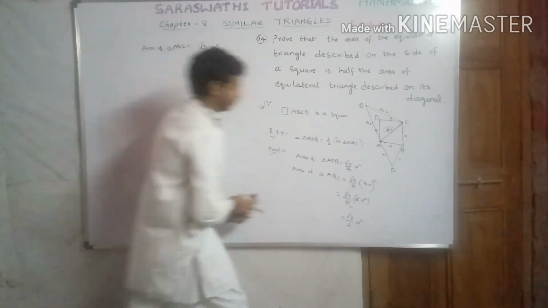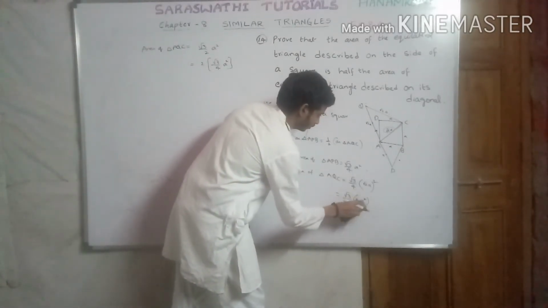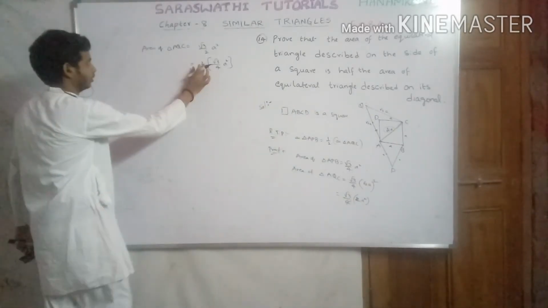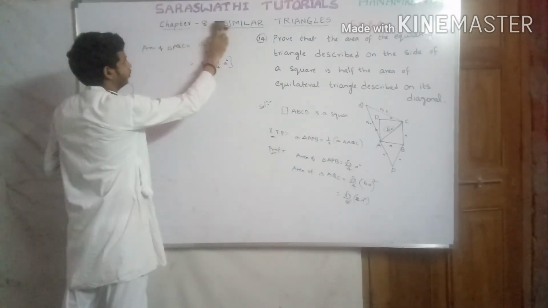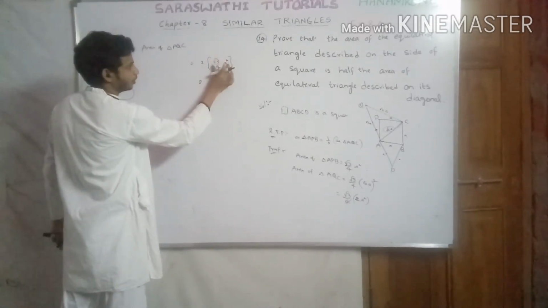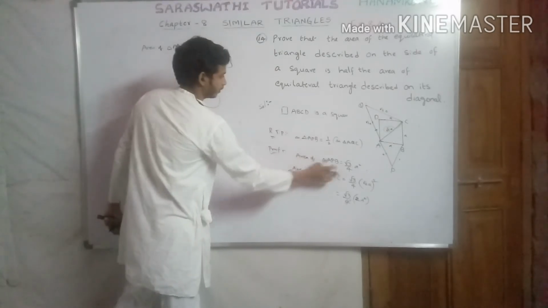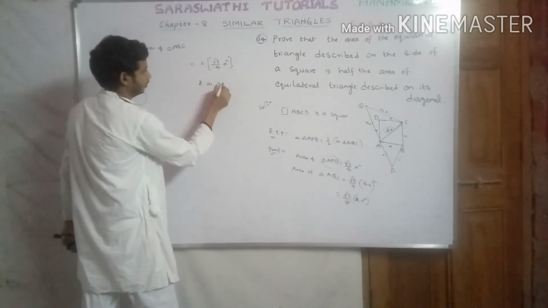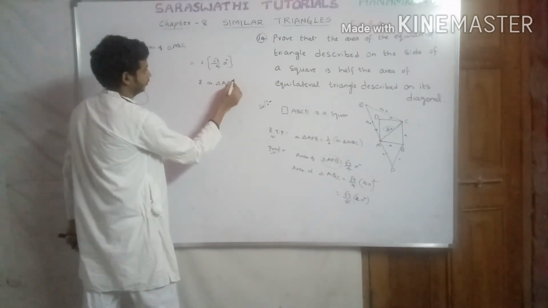Or without the cancellation also we can write this: bring the 2 to the front. That means it can be written as 2 into root 3 by 4 a square, and root 3 by 4 a square is the area of triangle APB. So it is 2 into area of triangle APB.